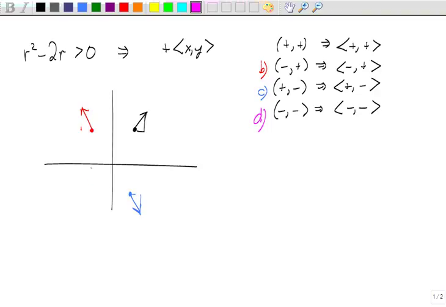And when you're in quadrant 3, you're going negative, negative. So these are going to point away from the origin. So that's the direction. And again, the length, they get longer as you go away from the circle with radius r equal 2.